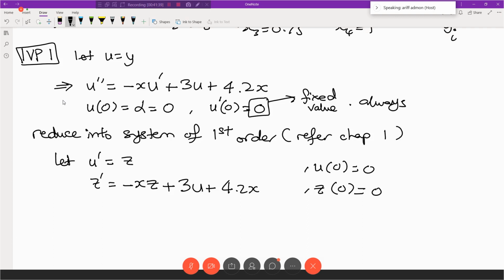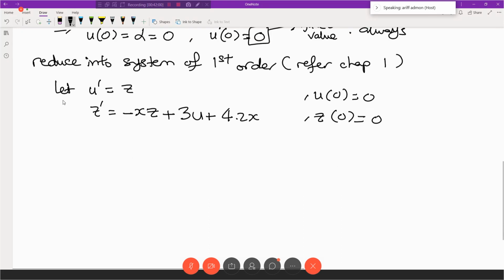Alright, now look at the question. They ask you to use Euler's method to solve the corresponding initial value problem. So this is your initial value problem, and to solve it you need to use Euler's method.